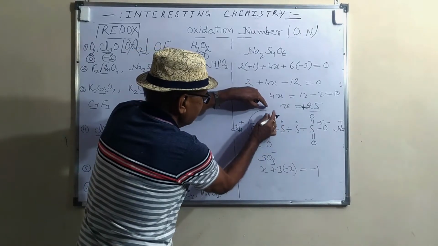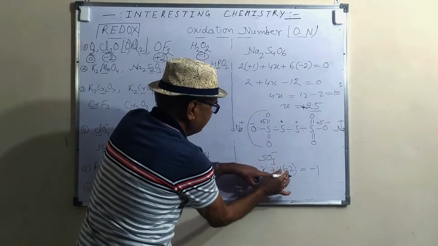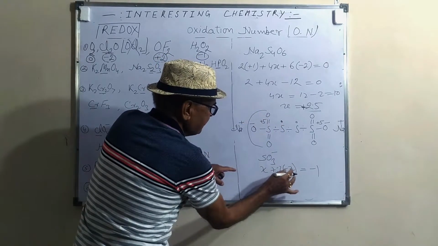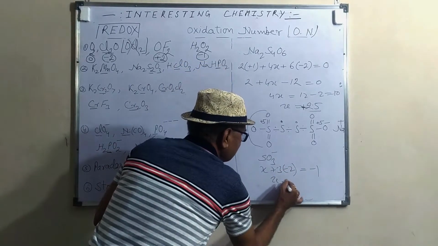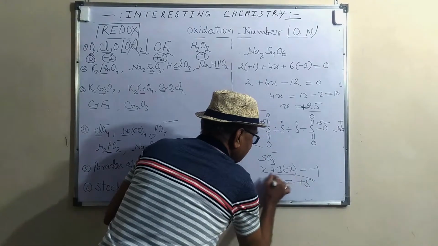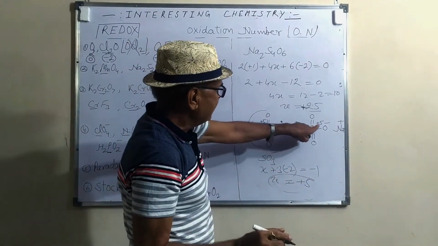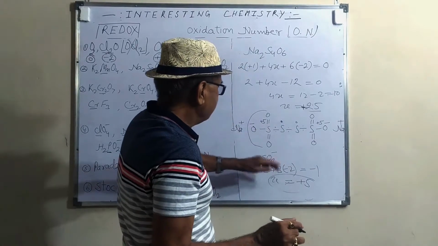This portion is SO3, so x plus 3 into minus 2 is equal to -1. So x is equal to +5. In the same way, the oxidation number of this sulfur is +5.